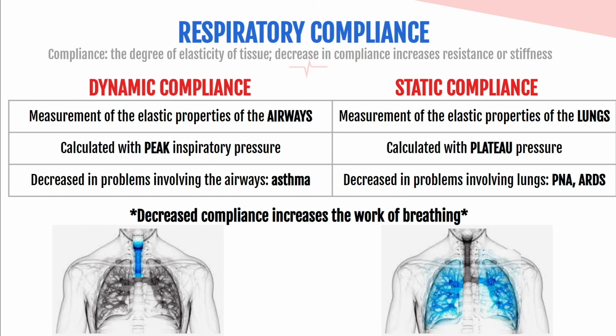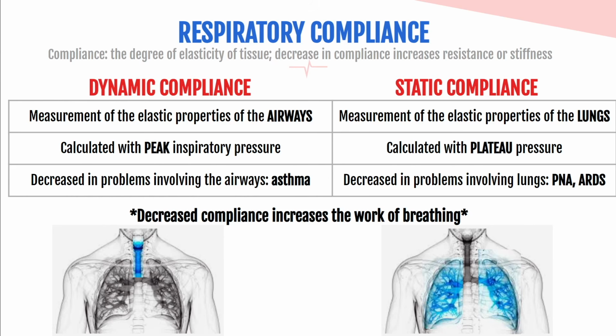Now, static compliance is a measurement of the elastic properties of the lungs, and it's calculated with plateau pressure. Patients with pulmonary problems that involve mainly the lungs, for example, pneumonia or ARDS, have a decrease in static compliance. However, sometimes in the cases of ARDS, their dynamic compliance may also decrease as the lung pressures may transmit up to the airways and become a little bit less compliant.